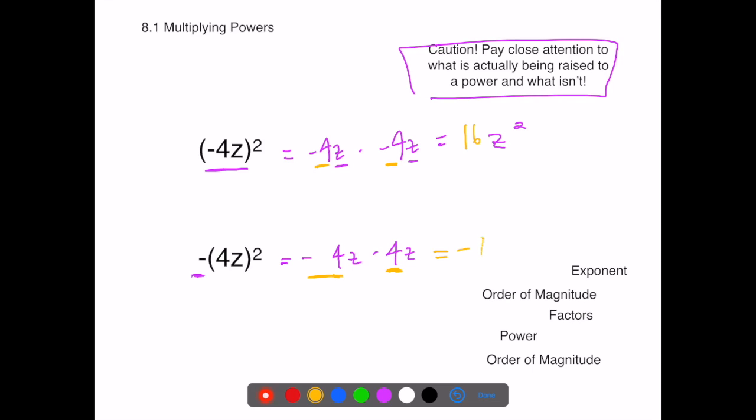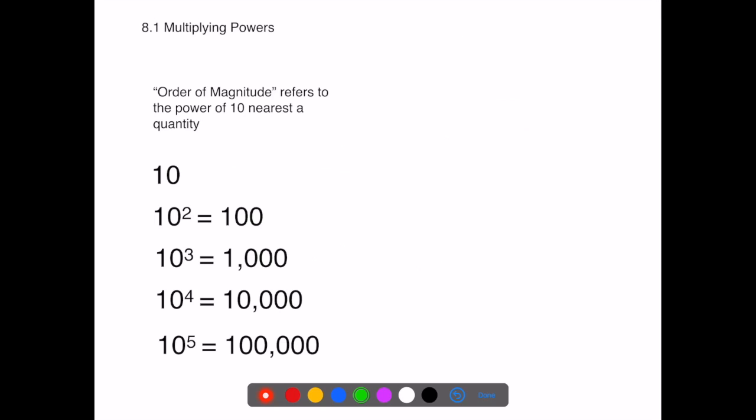Either way, you have a negative 16. Nothing changes with the z's, so you still have z times z, z squared. But notice in the first example, you end up with a positive 16. In the second example, you have a negative 16. The difference comes down to the fact that the negative in the second example was not inside the parentheses. It was not being raised to the second power.